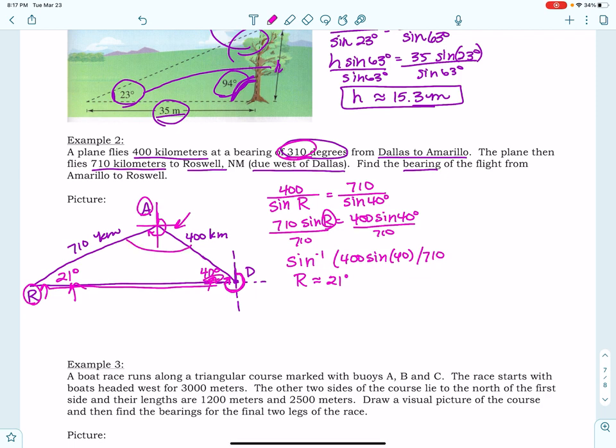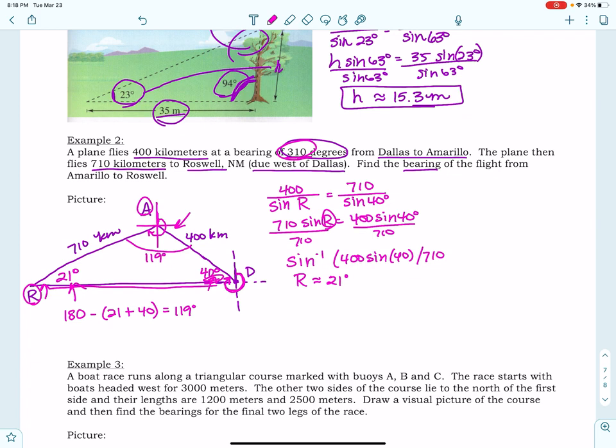All right, so this angle, I've got 180 minus 21 plus 40, which ends up giving me 119 degrees. So this angle is 119 degrees. But I need to figure out some other parts to it so I can figure out what this bearing is.